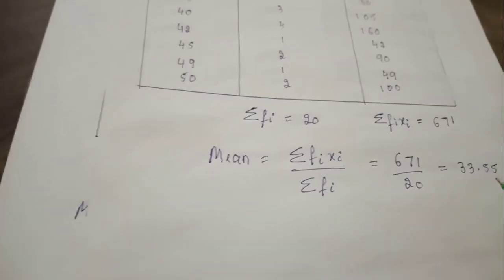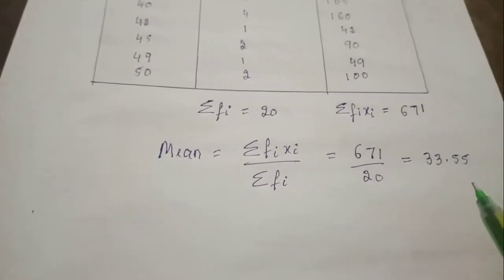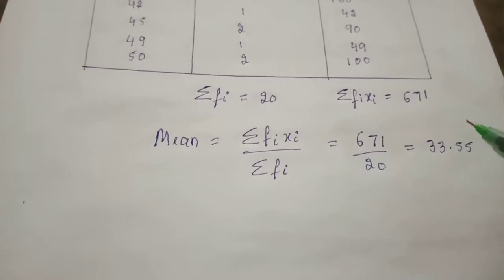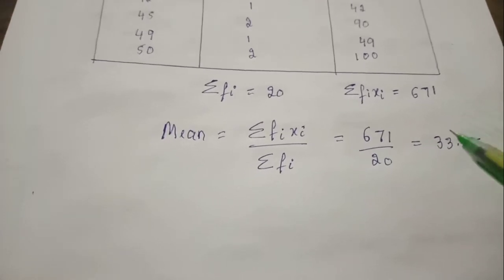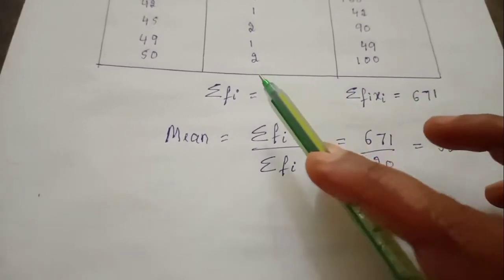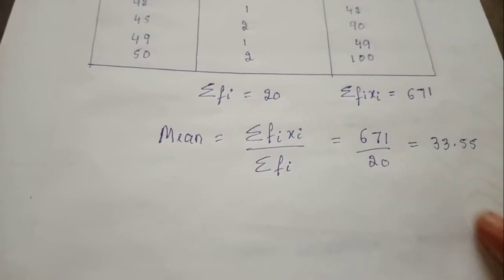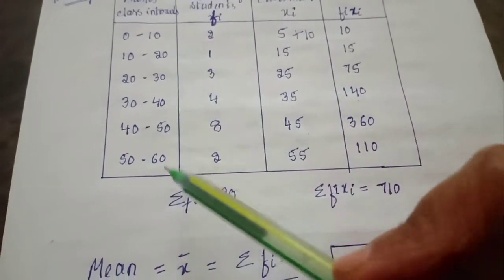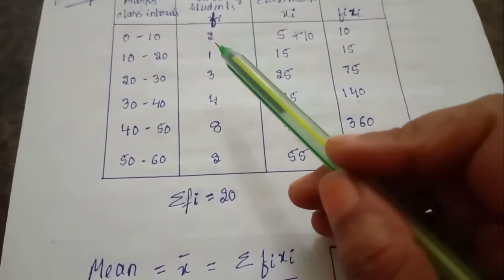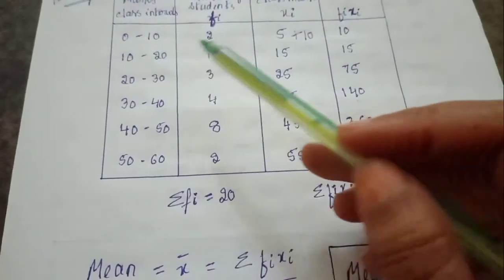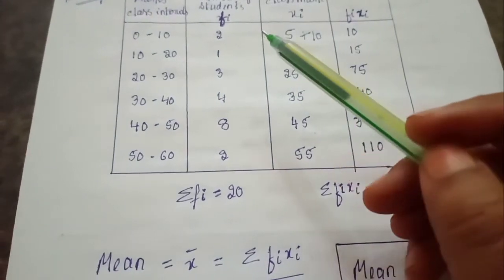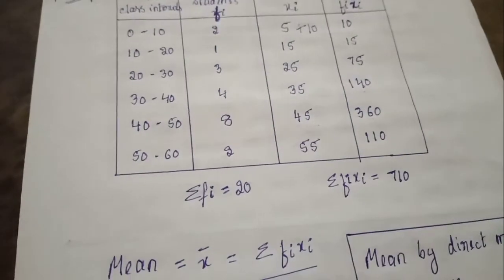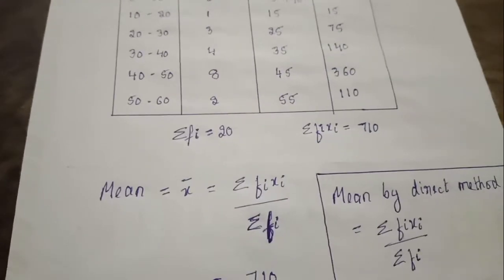Why is it correct? Because each individual mark is added here. But in this data, we made groups. So we don't know what exactly the 2 students' marks between 0 and 10 are. So the ungrouped mean is more correct than the grouped.